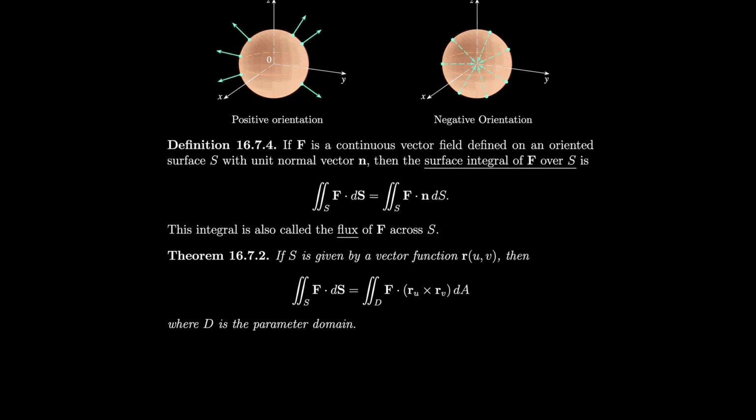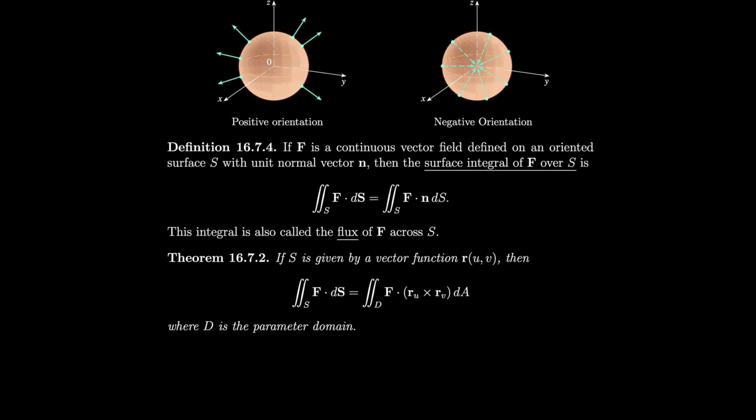If F is a continuous vector field defined on an oriented surface S with unit normal vector n, then the surface integral of F over S is F dot dS, very similar to F dot dr. That was for work, so this will give us flux. So we define F dot dS to be F dotted with n dS.